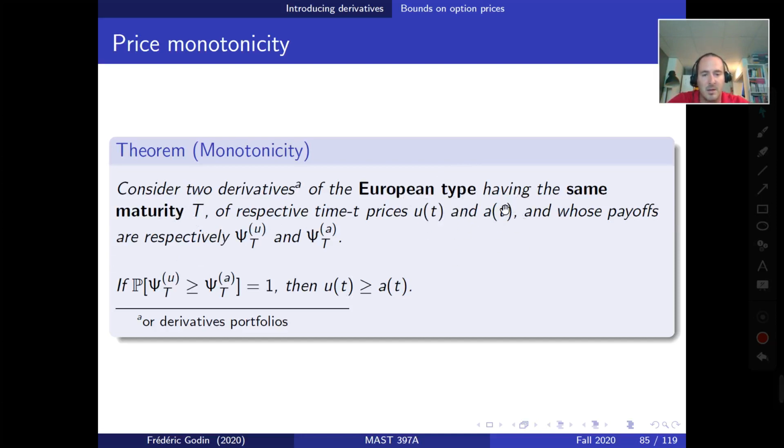So these are the prices at times small t of both derivatives. And their associated payoffs are respectively phi_U(T) and phi_A(T). So these are the prices of the derivatives.